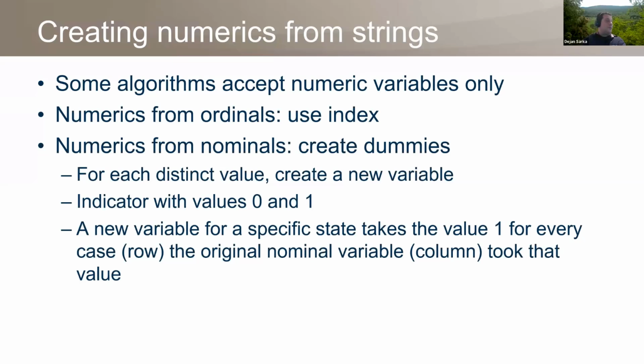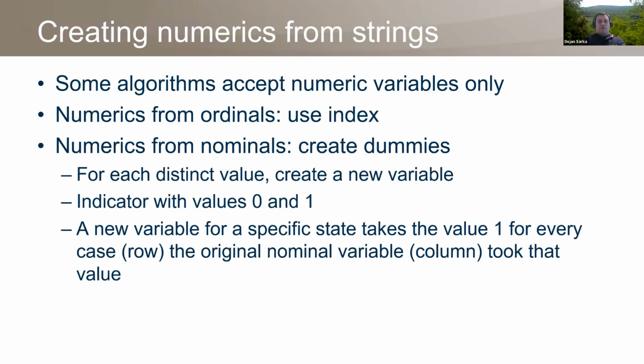For ordinals, you just use this order or index. For nominals, remember, each category has no intrinsic order. A category is just the name for the class. So in this case, you create what are called dummy variables or indicators with values 0 and 1. For every distinct original value, you create a new variable.